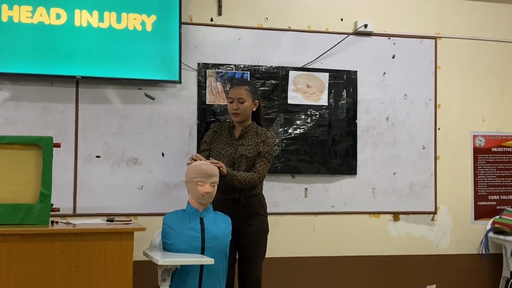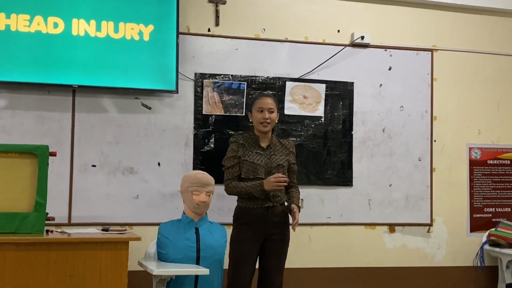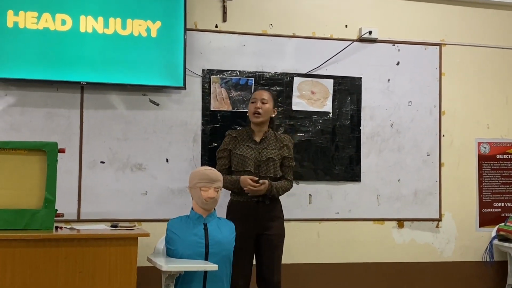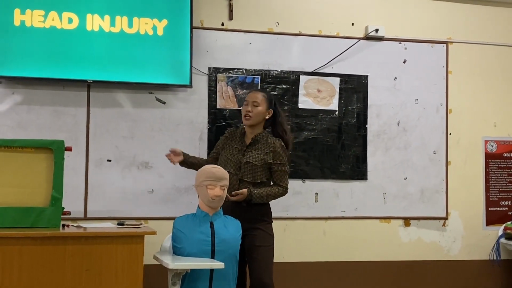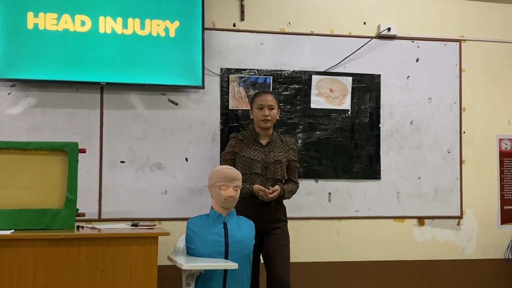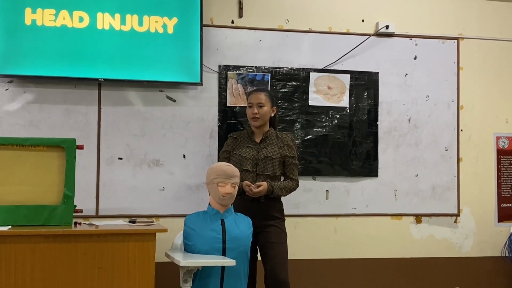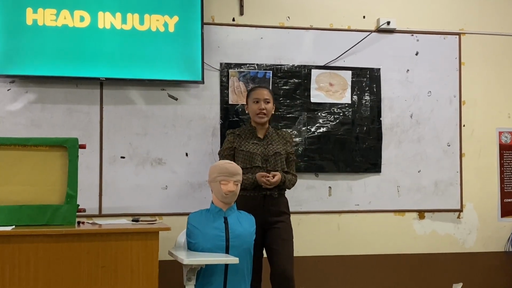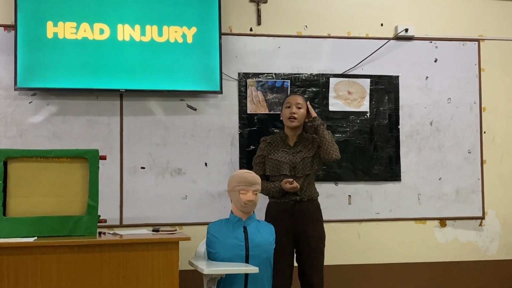Now, since I am done discussing the first aid, I will ask you, what is a head injury? Based on my discussion. Okay, very good. Head injury is any trauma or damage that is caused in our head.